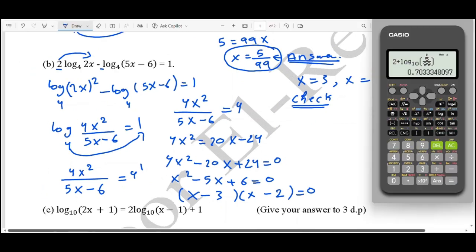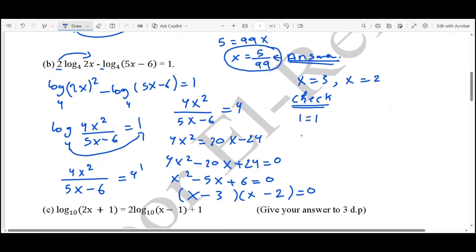Let's start and check x equals 3. log base 4 of 2 by 3, 6, minus log base 4 of 5 by 3, 15, minus 6 equals 9. So the answer will be 1, and 1 equals 1. So x equals 3 is an accepted answer.